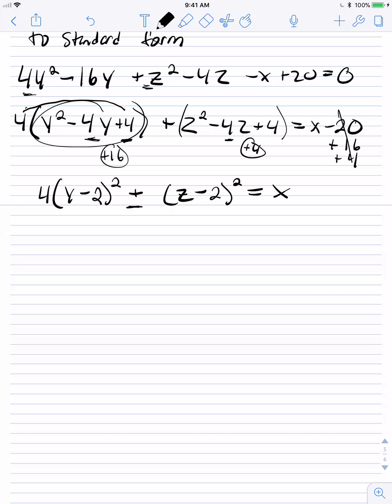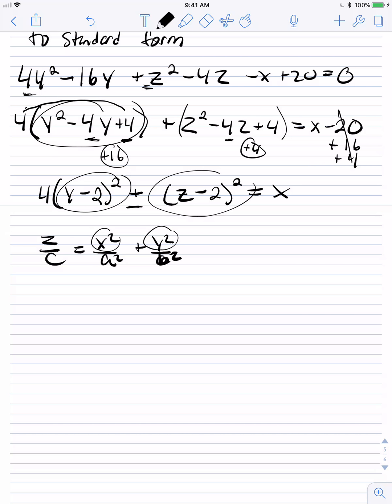If we go back to the formula of an elliptic paraboloid, we know that in standard form, z over c is equal to x squared over a squared plus y squared over b squared. We have our two squared components here and here, and then we have our non-squared component, which is right here.